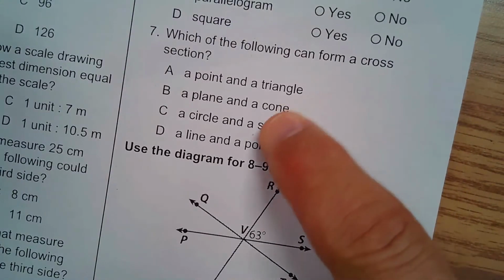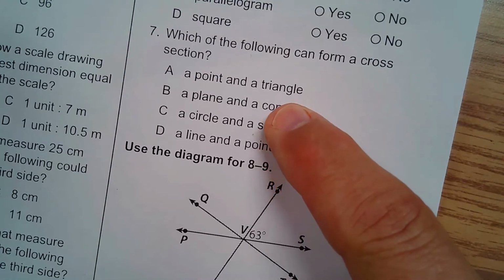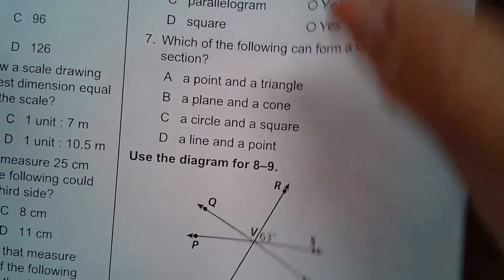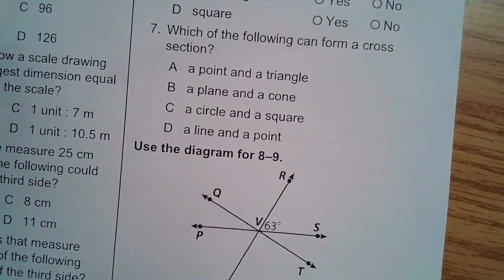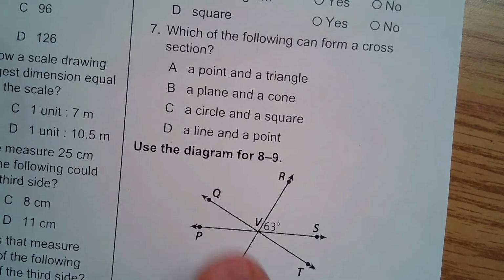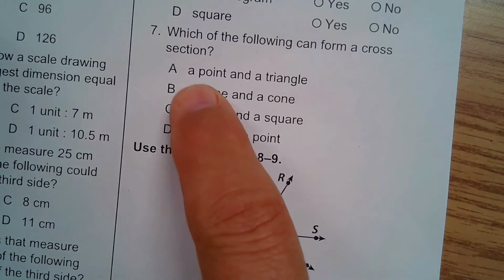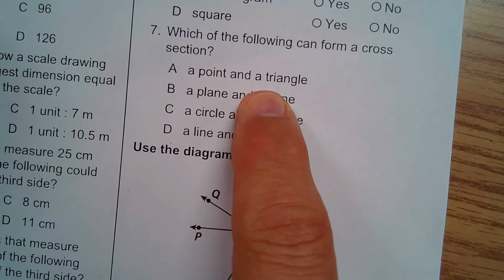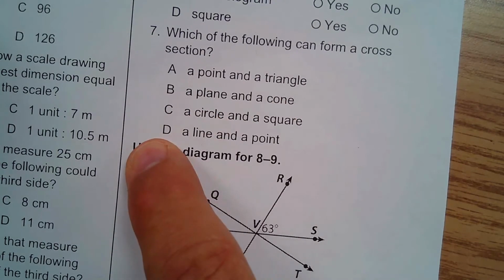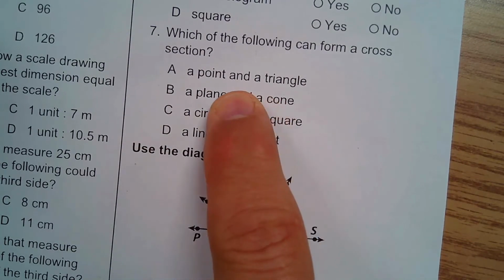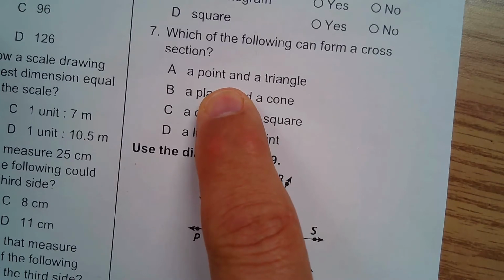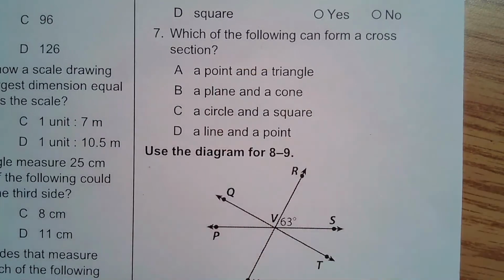Okay, number 7. Which of the following can form a cross section? A point and a triangle. Can you get a point and a triangle? Well, no, you can't, because it is the intersection of a.